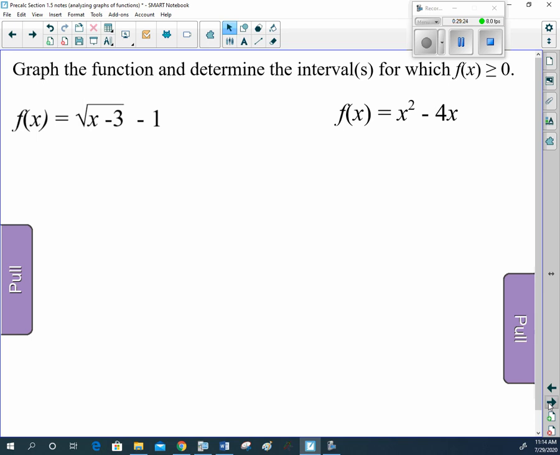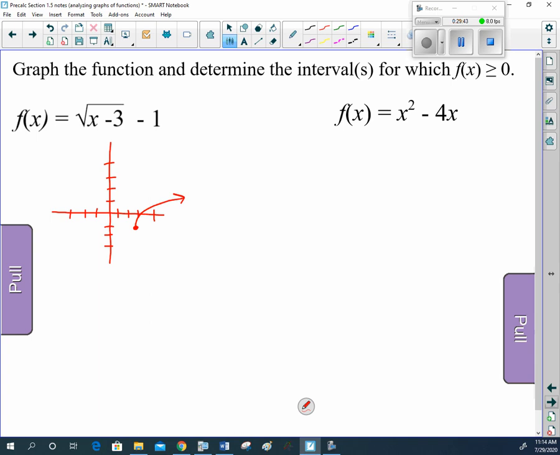So this one, I don't need a calculator to graph this one. I know this one's a square root. And its starting point is 3, negative 1. So 1, 2, 3, negative 1, and it goes like this.